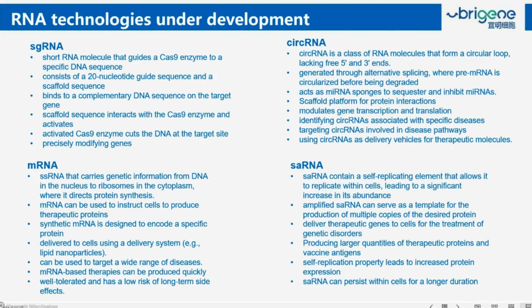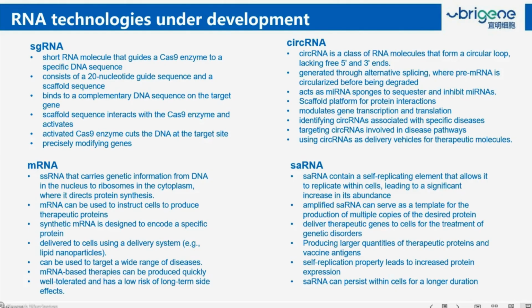They also act as a scaffold platform for protein-to-protein interactions. They can modulate gene transcription and translation, and they've actually been identified as being associated with specific diseases, but they can also be delivered as a therapeutic to treat a broad range of diseases as well.